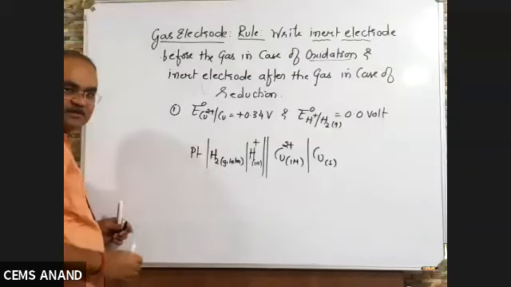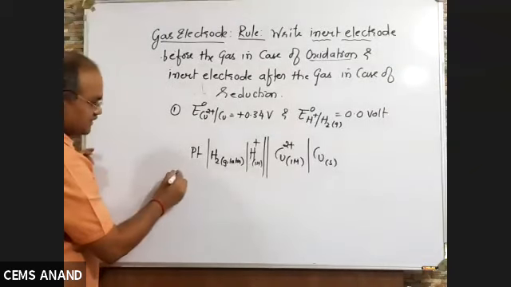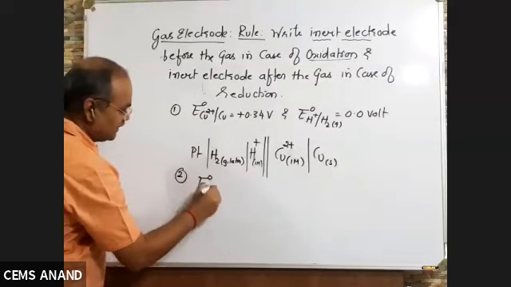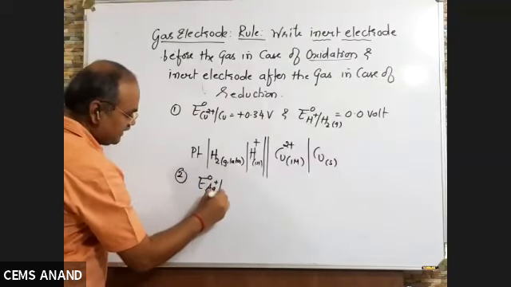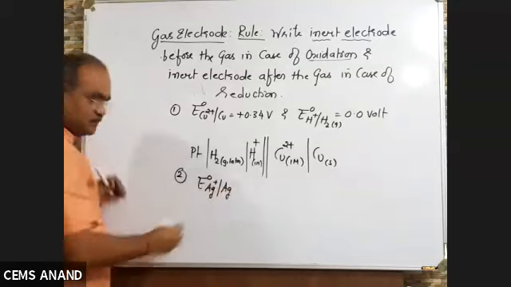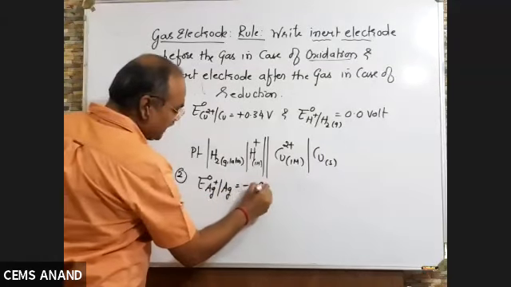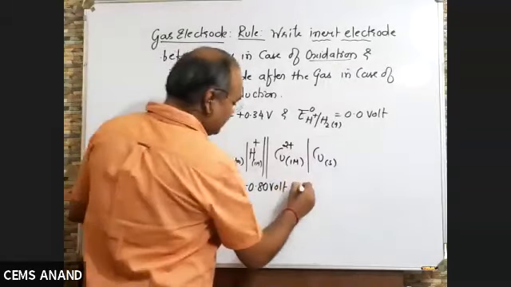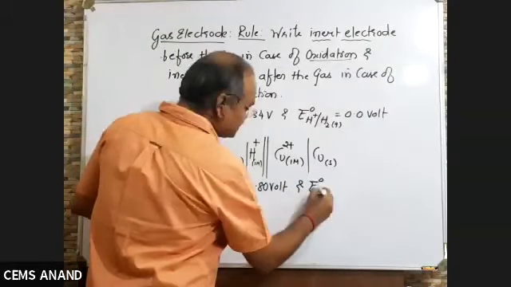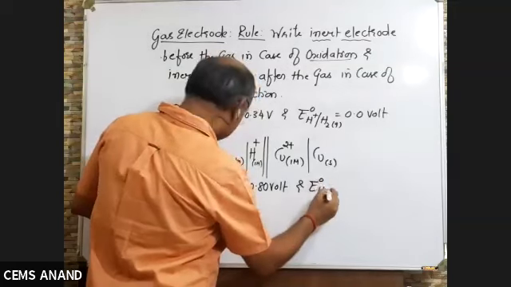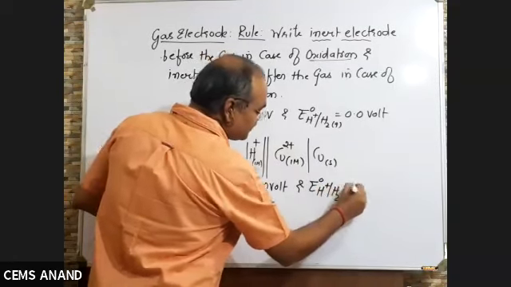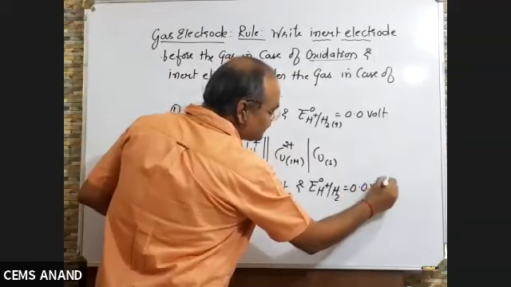We'll take another example. Suppose I have E0 Ag+ | Ag, whose value is minus 0.80 volt, and E0 H+ | H2 is 0.0 volt.